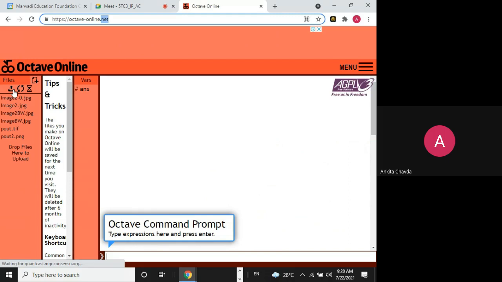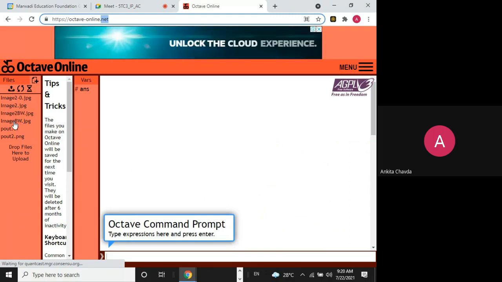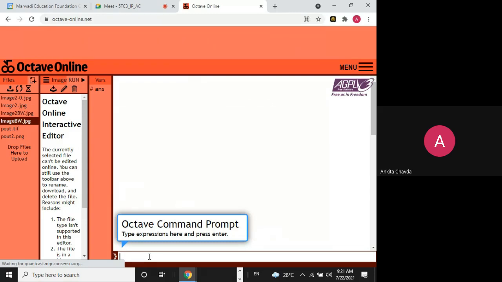Yeah. So I have imported a few files here. Suppose this is image bw, that we have seen, no, that chessboard image. You remember that? So we will see the histogram of it.